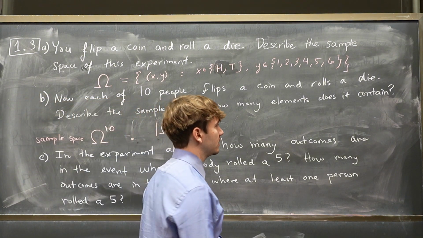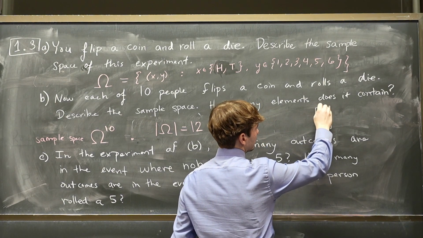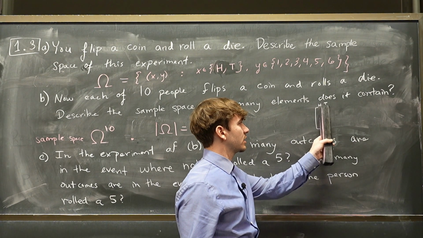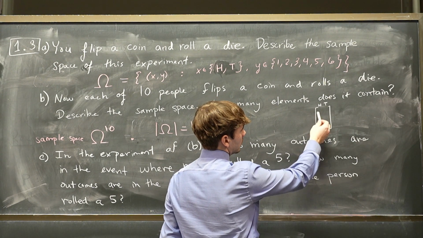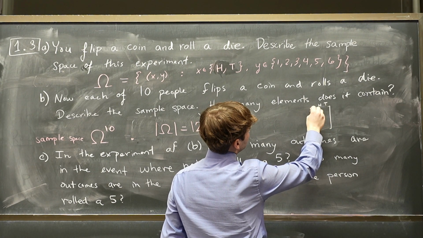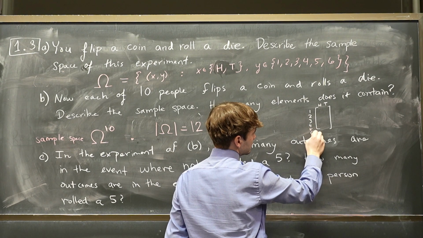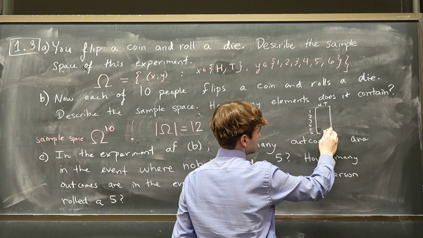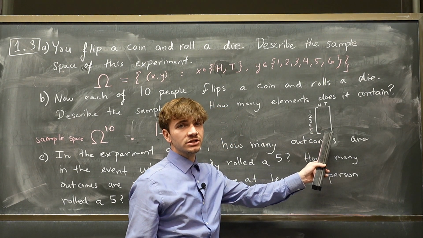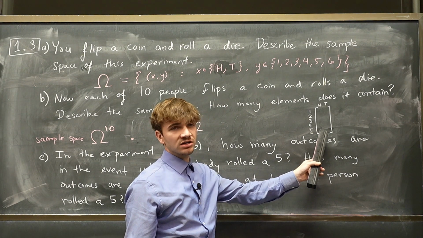One way to see that is by looking at a matrix and then enumerating each possible element. Let's say I'm going to label the columns by heads and tails, so there's 2 columns, and then the outcomes of the dice roll are 1, 2, 3, 4, 5, 6, so there's 6 possible outcomes of the dice roll, and then basically each entry of this matrix represents a possible event.